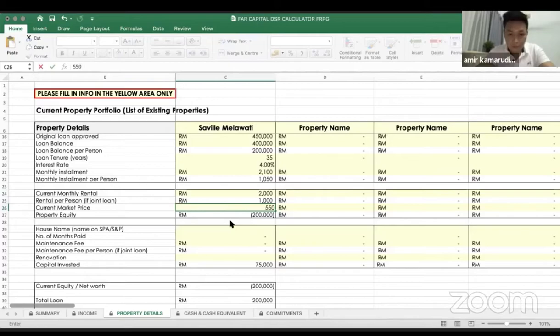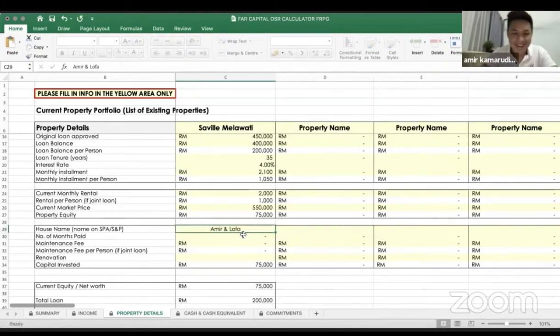I'm just going to put 550,000 for example here. And then you can see the property equity, meaning how much you have gained in terms of capital appreciation from that property. House name, again I just put Amir and okay.